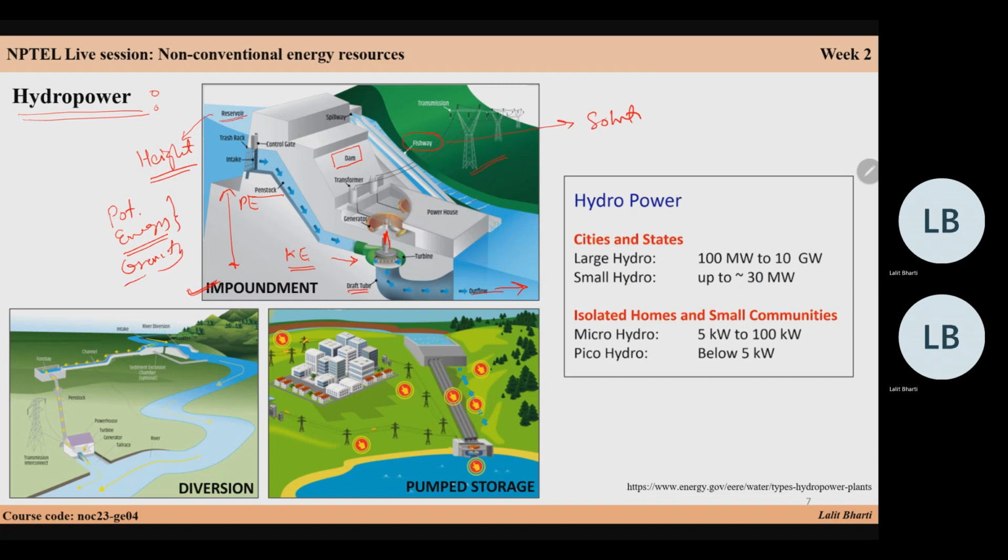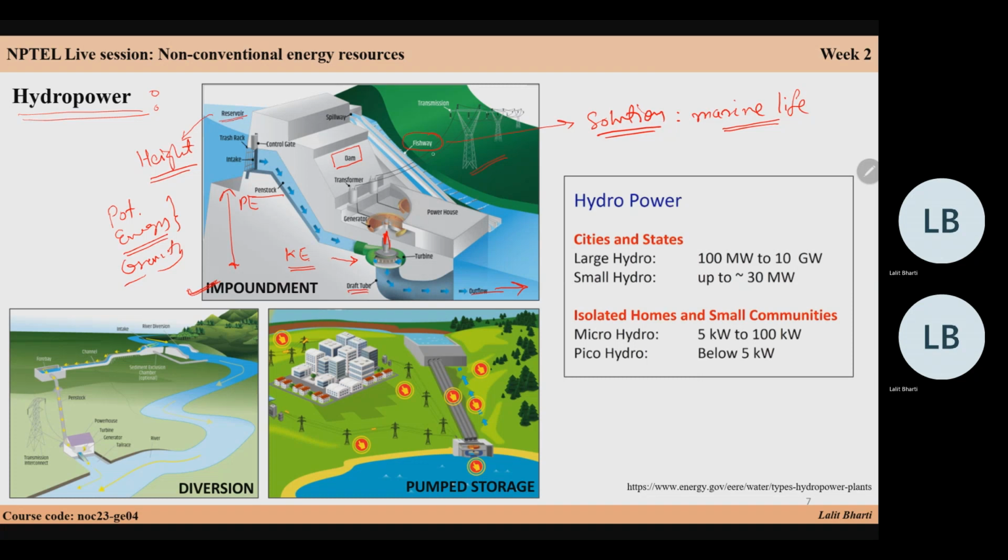This is a solution for marine life, because the construction of this kind of dam will affect the ecosystem, the marine ecosystem, as well as the flora and fauna nearby. So this fish ladder can be used by the fish which are migrating from one place to another, and it will provide them a pathway.